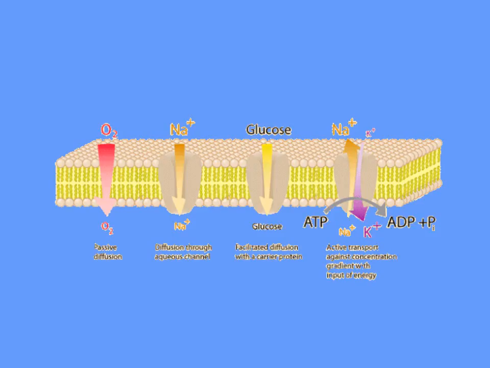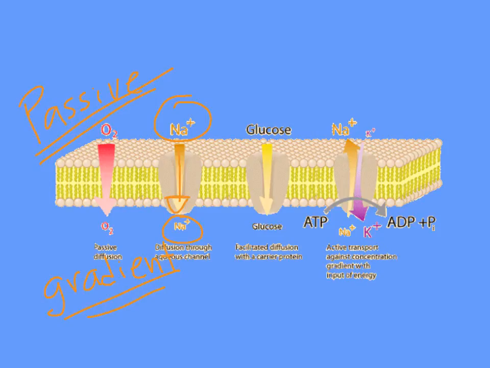Now let's try to remember some of the most important movements of the cell. Remember that the type of movement across the cell membrane that doesn't require energy is known as passive transport. In other words, it follows a gradient, or a difference in concentration between these two regions, the outside and the inside, so the substance moves from where we have more concentration to where we have less concentration without using energy.